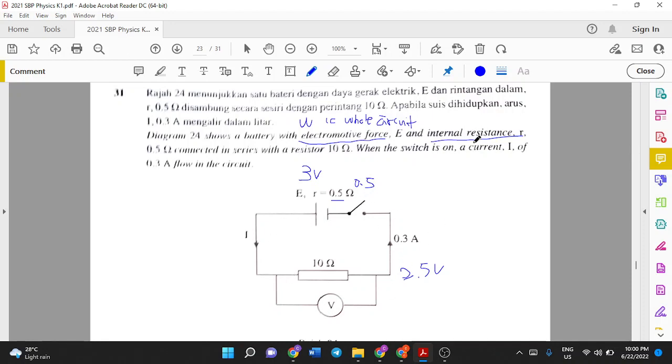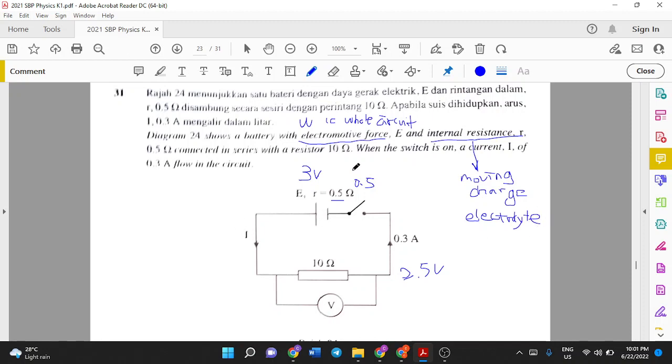So the internal resistance is due to the resistance against the moving charge in the cell, or the source of the cell. Okay, so this internal resistance is the resistance against the moving charge due to the electrolyte.